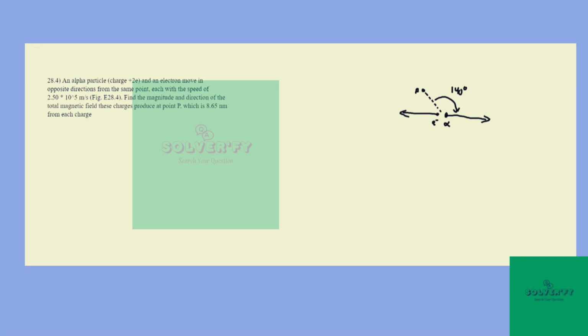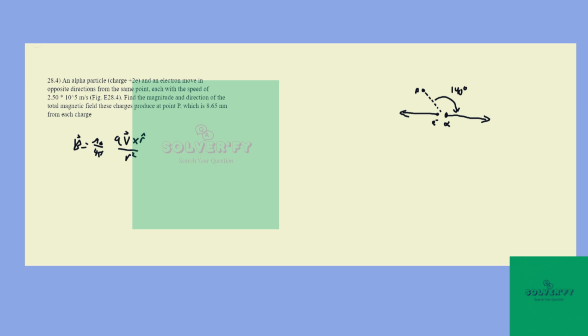B field of a moving point charge. So that equation is B equal to mu naught over 4 pi, Q, V vector cross r hat over r squared.